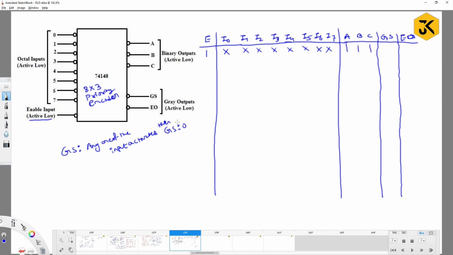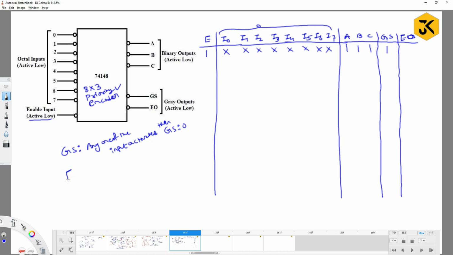As I am saying, this is a priority encoder. It has to check which has the highest priority. So based on that, it is defined as GS. If any one of the inputs ranging from I0 to I7 is activated, then it is going to be 0, otherwise it is going to be 1. Is any input activated? No, then I can make it 1.